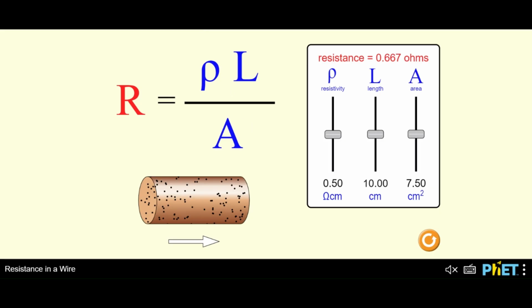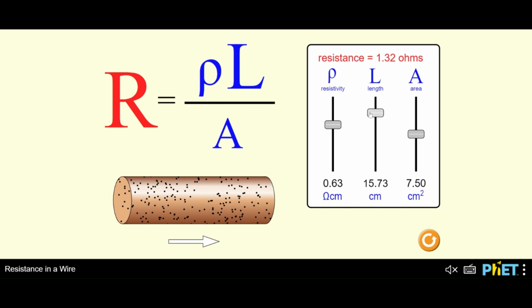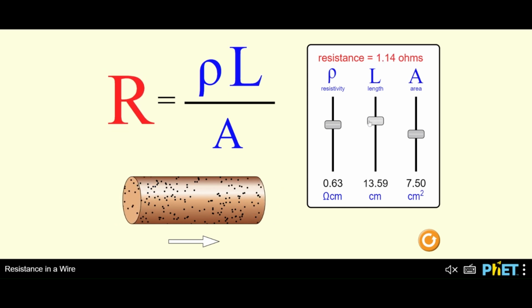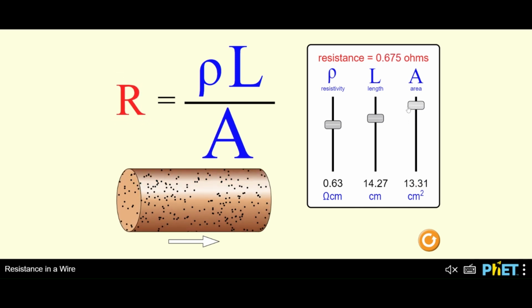Here, we are now going to vary the resistivity. That actually changes the nature of the conductor. So if resistivity increases, the resistance increases. Similarly, let's fix the resistivity. If we increase the length of the conductor, the resistance of the conductor will increase. If we fix the length but alter the area, if we increase the area of the conductor, then the amount of charge that it can hold between 2 points and the amount of flow of charges between 2 points increases.